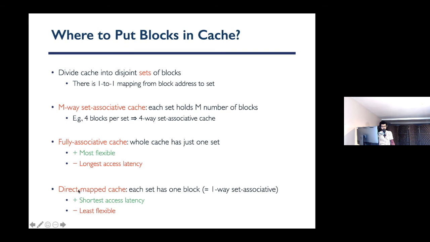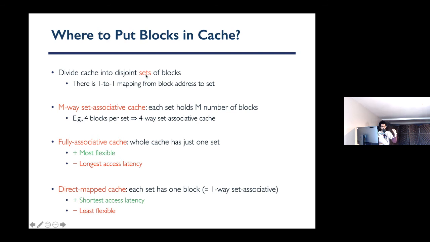Another term here, a direct mapped cache is basically each set has only one block. So I think this covers the spectrum. Starting from the sets, these are disjoint divisions of blocks.